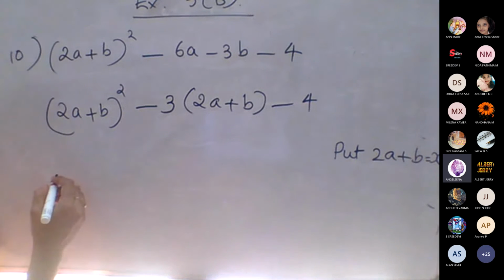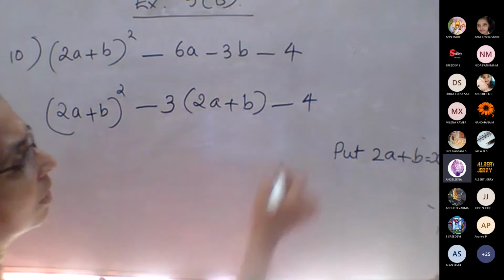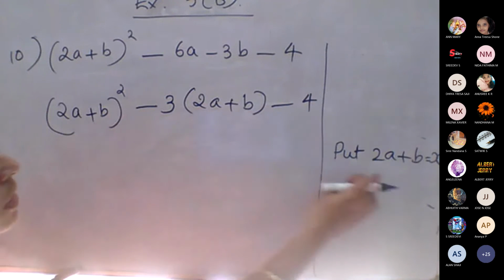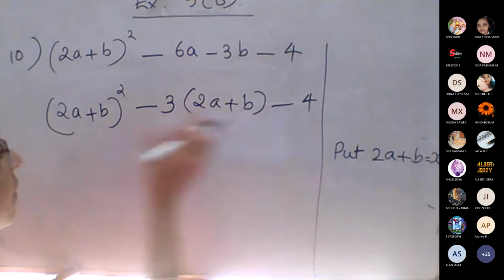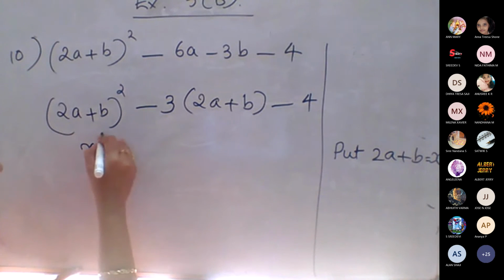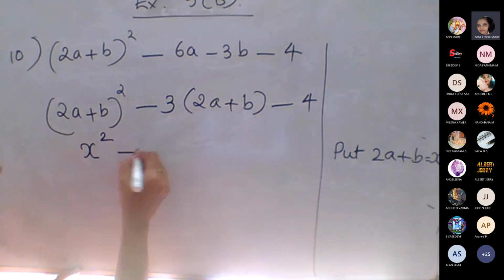In the notebook, you have to write x instead of 2a plus b. Yes, you should write. At last only we will change. Put 2a plus b is equal to x in the working column. Then replace 2a plus b with x: x square minus 3x minus 4.